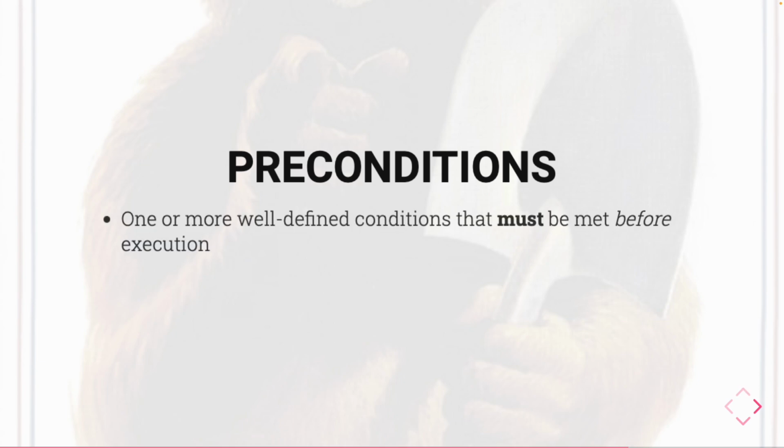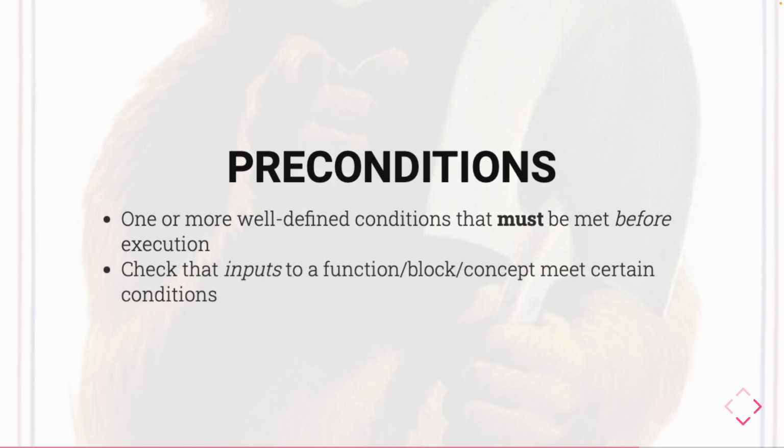More implementation details. We call the input assumptions preconditions. One or more well-defined conditions that must be met before execution. And these check the inputs to a function, block, or concept. We're mainly dealing with functions, but all these things can apply to loops or even just parts of a function.